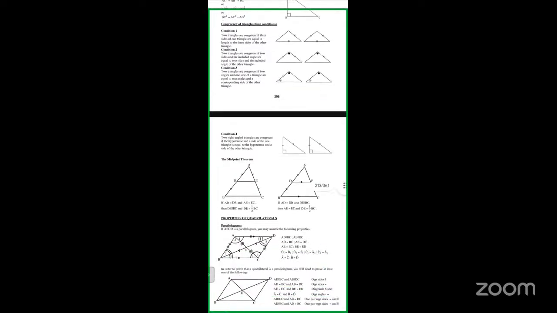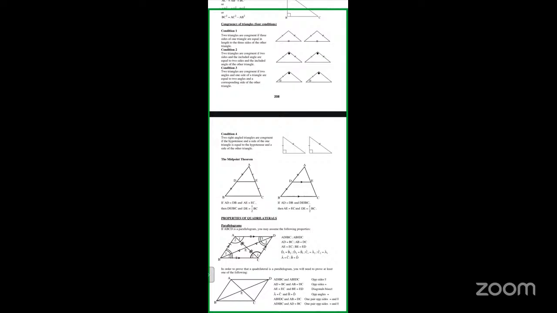Then you go to the last, which is the 4th condition of congruency. They are saying 2 right-angled triangles are congruent if the hypotenuse, and we know what the hypotenuse is, and one other side of one triangle are equal to the hypotenuse and the other side of the other triangle, then those triangles are congruent.